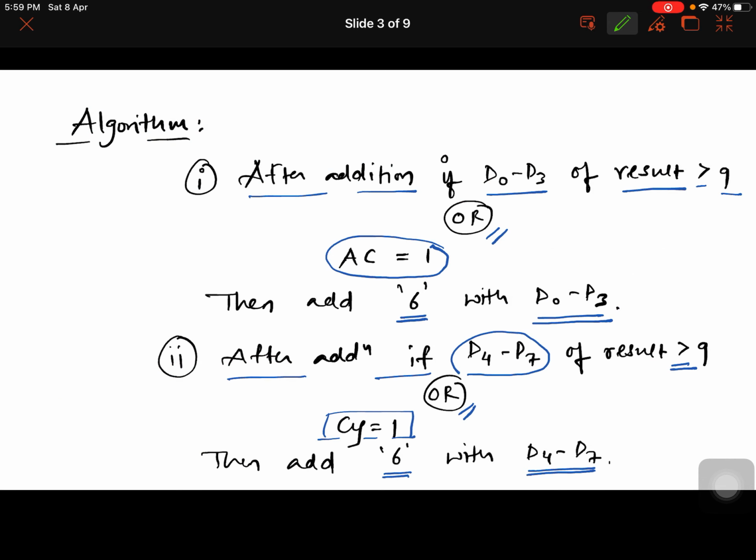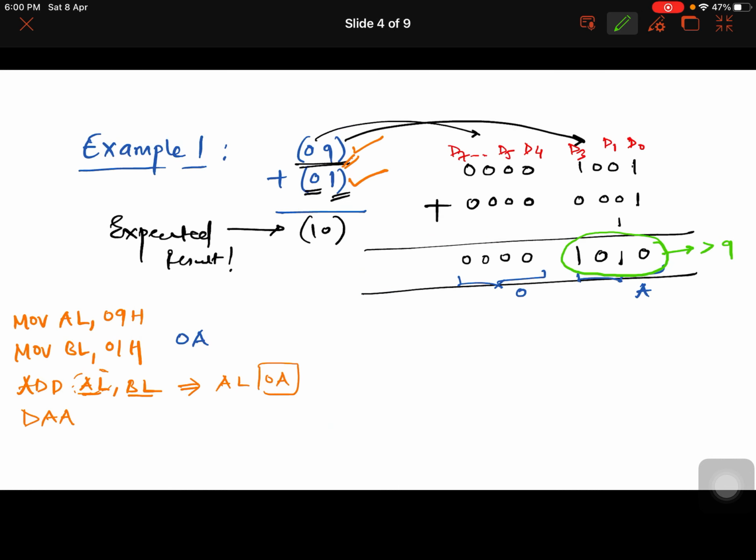Here it is clearly said that after addition, if D0 to D3 of the result is greater than 9, or if auxiliary carry is 1. Right now our auxiliary carry is not set to 1, but yes, this condition is getting satisfied. Then we have to add 6 with D0 to D3. And it is also asking us to check D4 to D7 of the result, whether it is greater than 9.